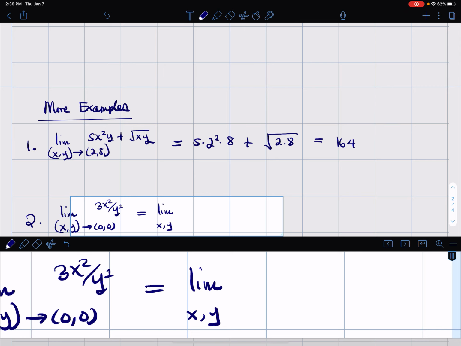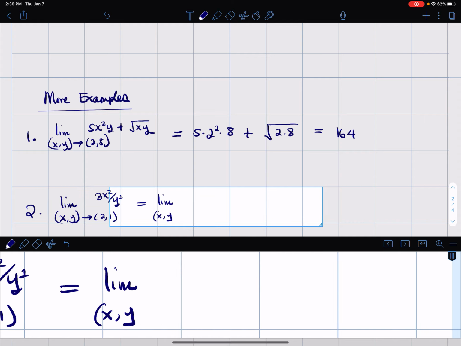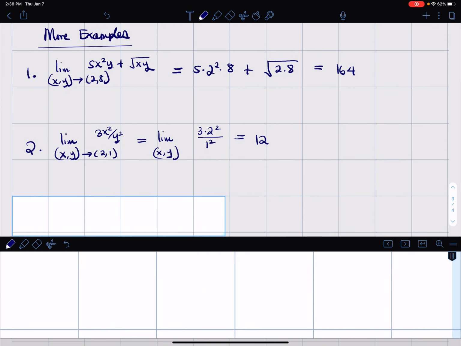No, let's change this to (2, 1). So this will just be 3 times 2 squared over 1 squared. So this is just 12. All right. Now let's try another one. The same problem, but something else.